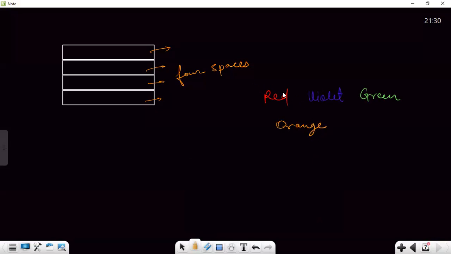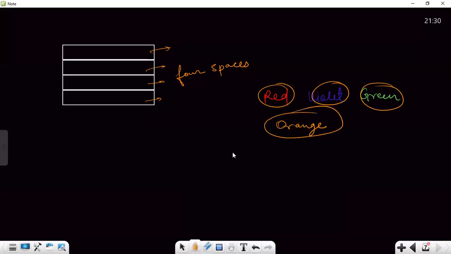So there are four colors and four spaces, right? How many ways can there be? You can only use each color once. You cannot use the same color in two spaces. Okay, so that's the rule.